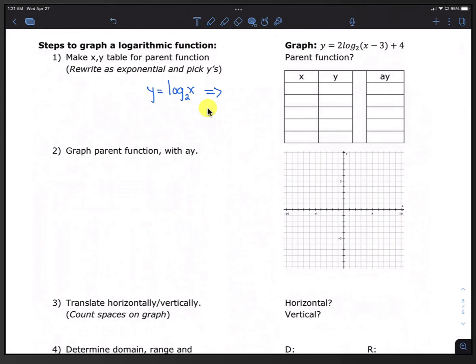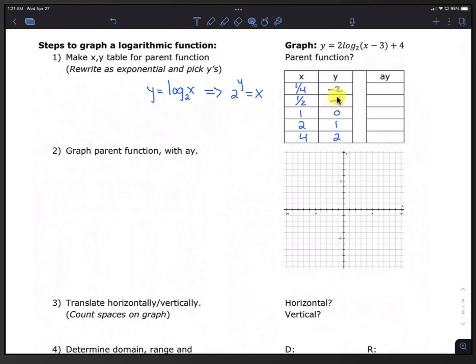Now let's convert that to an exponent. In exponent form, it's 2 raised to the power of y equals x. Now because y is the exponent, when you're solving logs, you want to choose the y column first. So for the y column, let's go from -2 to +2.